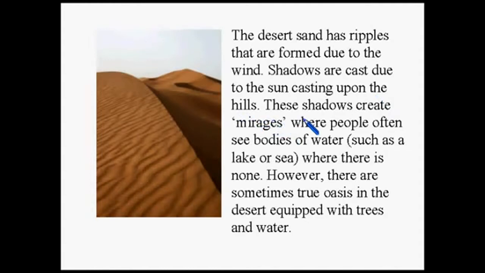These shadows create mirages where people often see bodies of water, such as a lake or sea, where there is none. However, there are sometimes true oases in the desert equipped with trees and water.